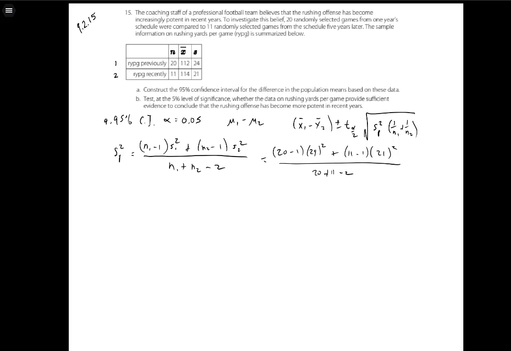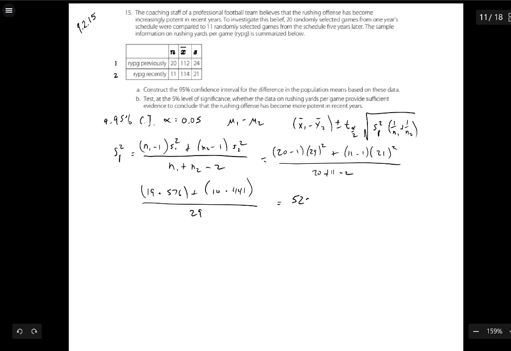When we do that, we have 19 times 576, plus 10 times 441, and all that divided by 31 minus 2, which is 29. That's going to give us 529.4. Okay, so there's that value.